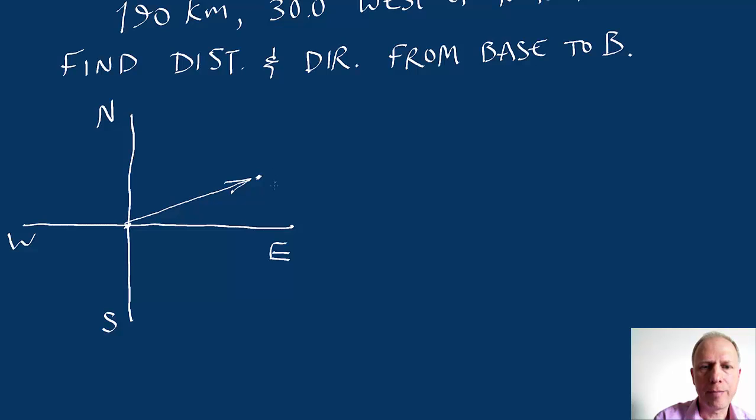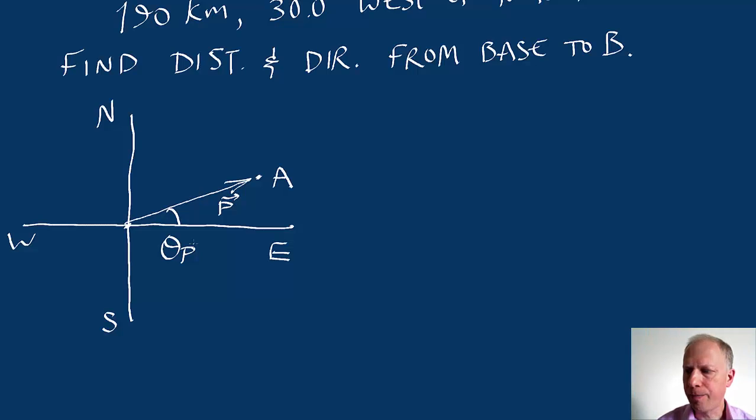Here is the point A. I'm going to call this vector P, the displacement during the first flight, and the direction angle of the vector P is theta P. That's just 20 degrees, because the angle was given as 20 degrees north of east. That's counterclockwise from the plus x direction.